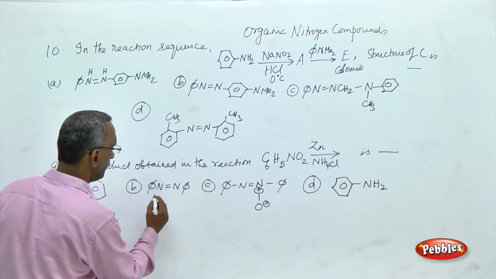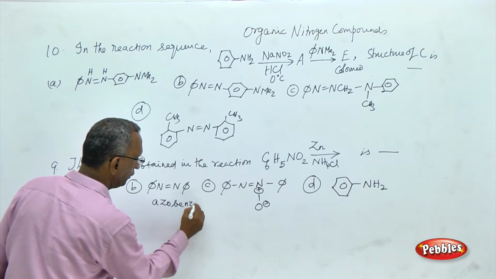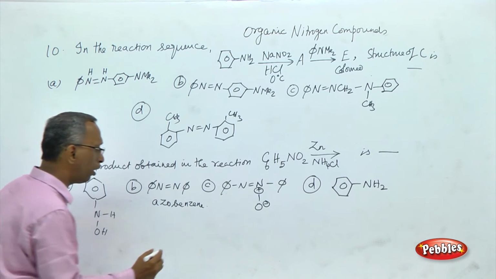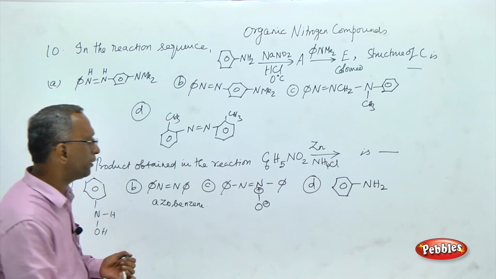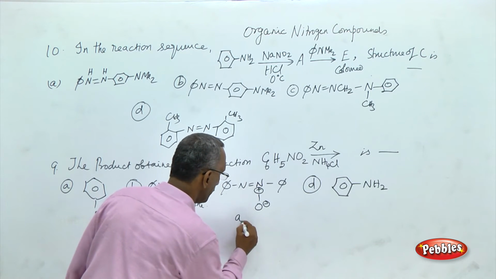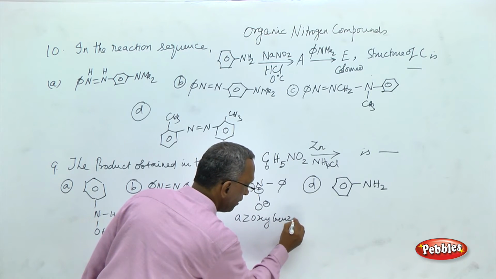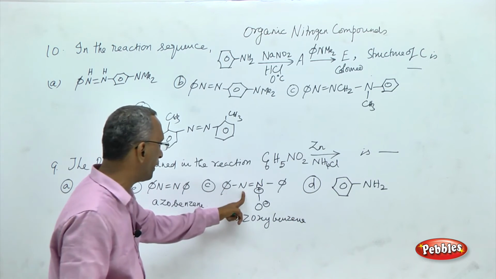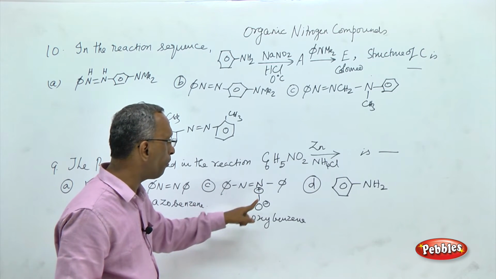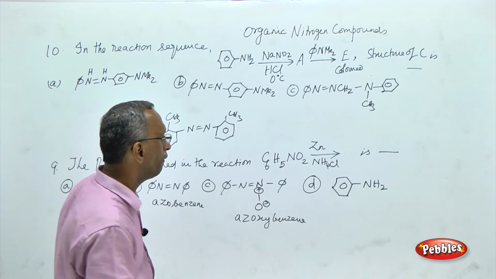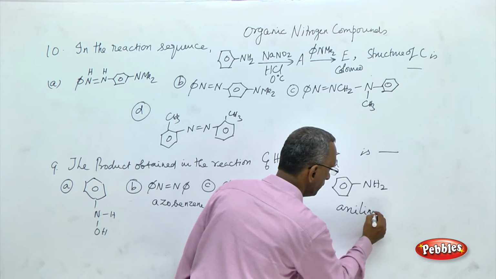Whereas this is azobenzene, which we have already seen, C6H5N double bond NC6H5. This one is azoxybenzene, which we have also seen in the ionic form, C6H5N double bond N plus O minus C6H5. The last one is merely aniline.